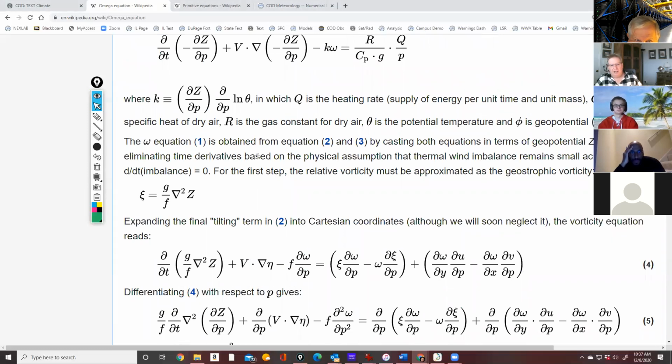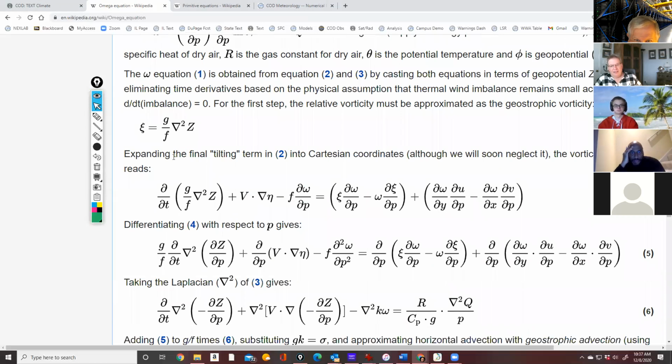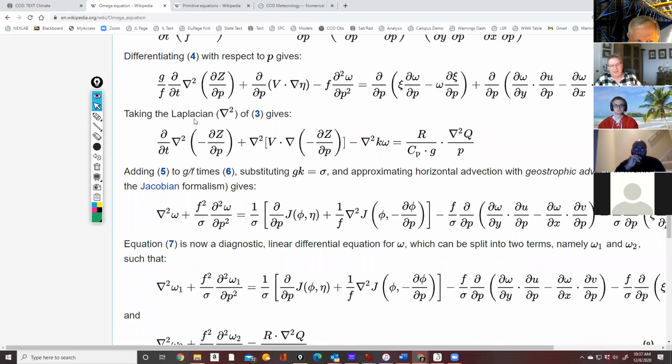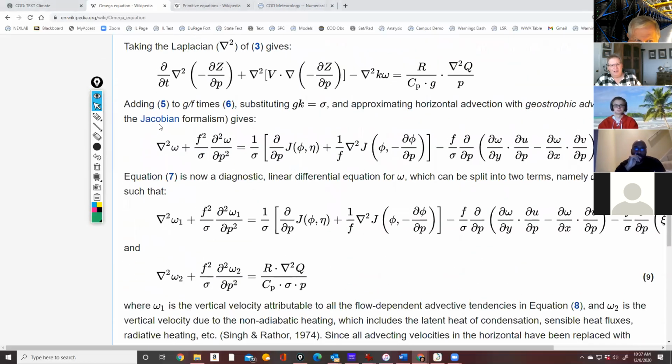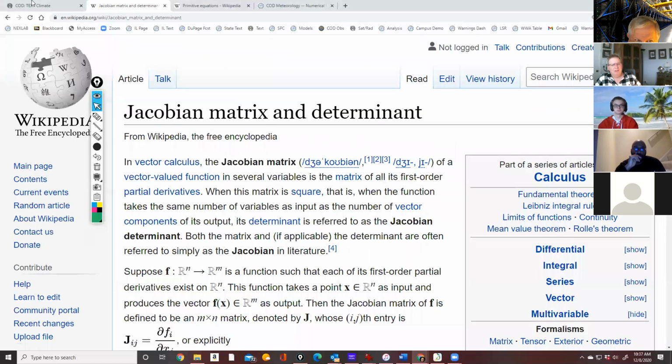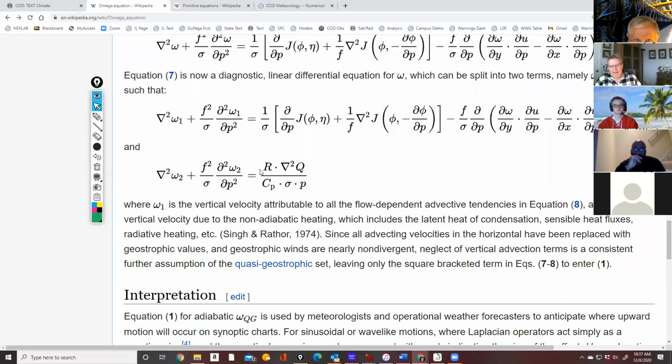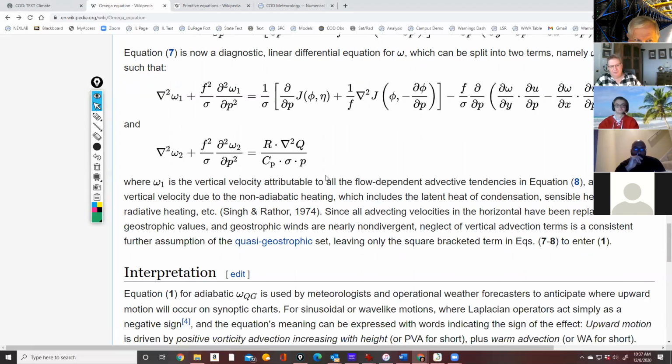Doable, but it takes a long time. Expanding the final tilting term, right? We talk about tilting. Then we take the Laplacian. Oh, I don't know this. Using the Jacobian. Whoops, didn't mean to do that. I don't want any of this mathematics. There comes a point where I can't teach you all the mathematics until you get there. This is way past calc and differential equations.